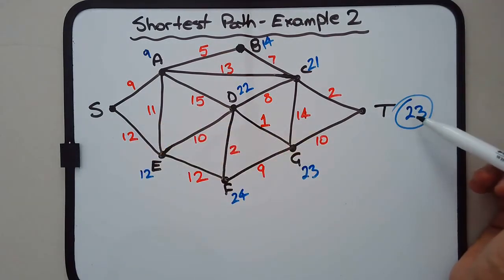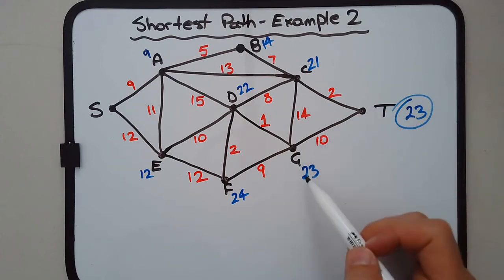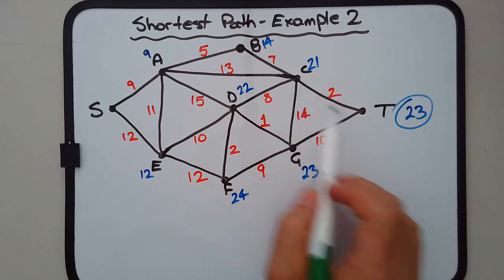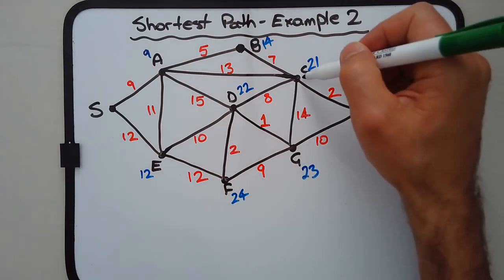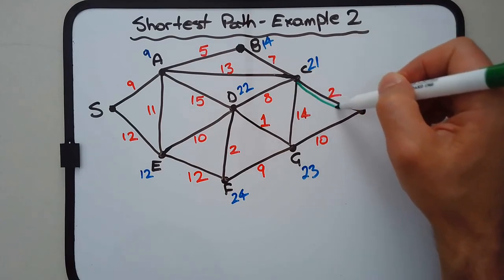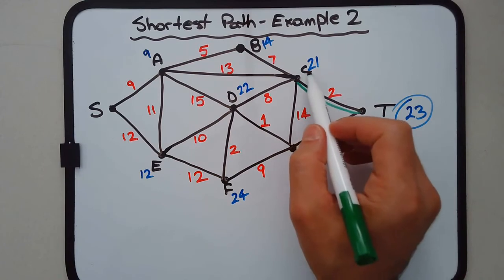So 23 minus 10, well, most certainly it's not 23. And if you remember what last edge you chose anyway, that will make it a lot easier. So we've got that edge there. 23 minus 2 gets us to 21.